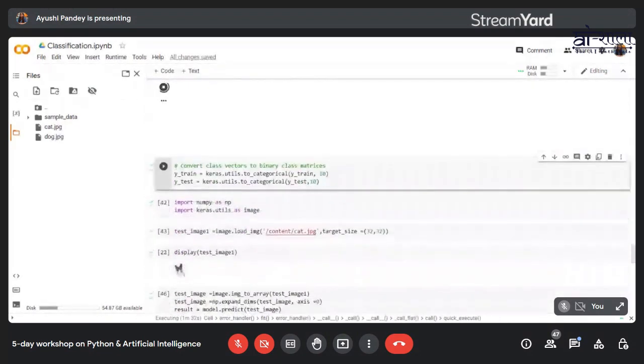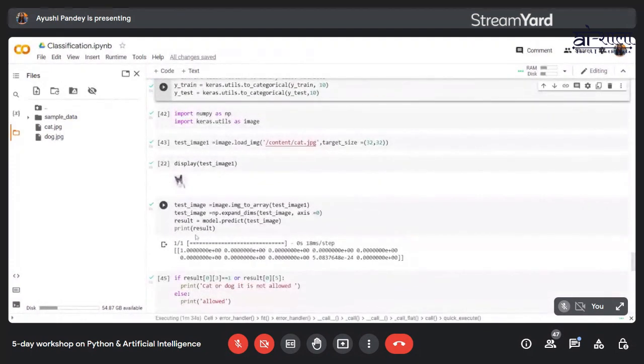I load the image, then I give my image to the model with model dot predict, and there is this result. Then I check whether the result belongs to the class which I want or not.